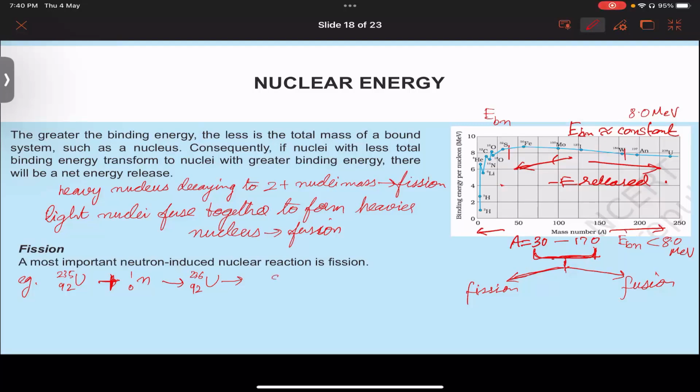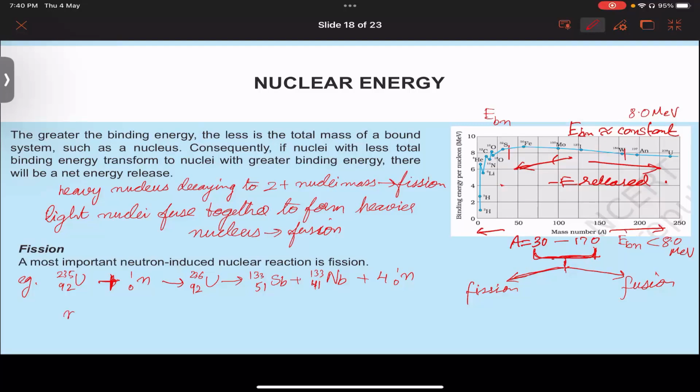It then decays to antimony 51 plus neodymium 41, and it again gives out neutrons. So this is one of the examples of a nuclear fission reaction.